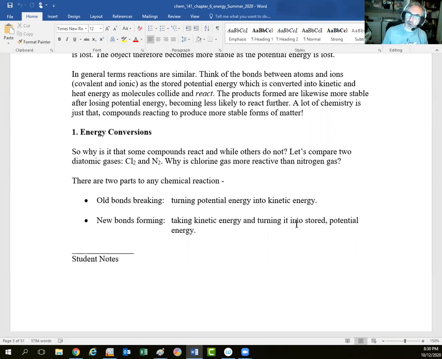But of course, we've also got to make new chemical bonds. So those atoms freed from the bonds will strike other atoms and come together and form new chemical bonds. That turns the kinetic energy back into potential as that chemical bond forms. So we see bonds breaking, turning potential energy into kinetic, and new chemical bonds forming, turning kinetic energy into potential energy.